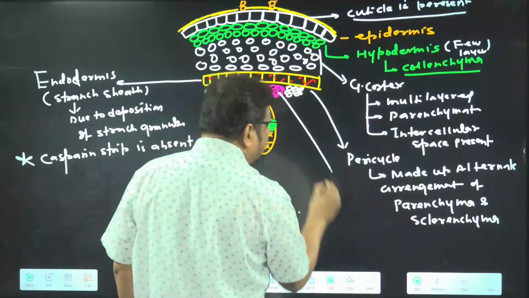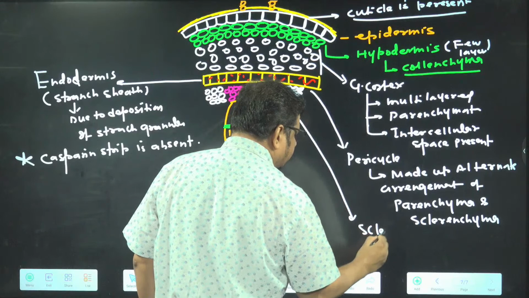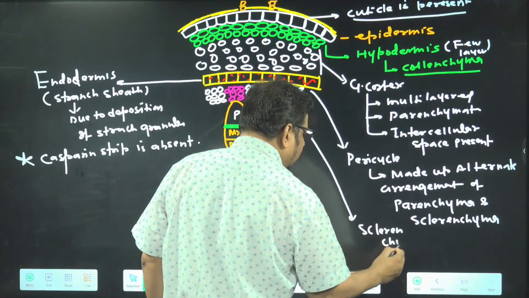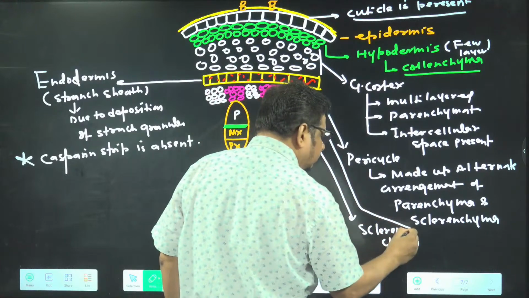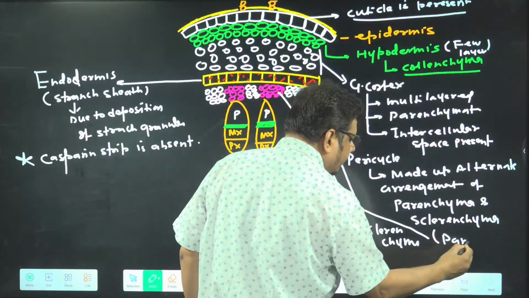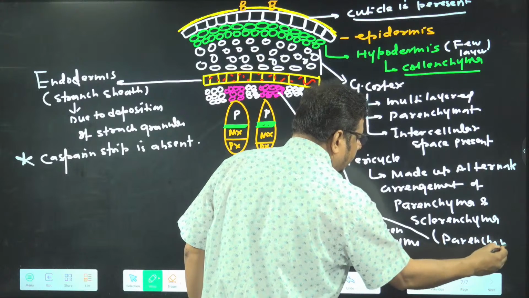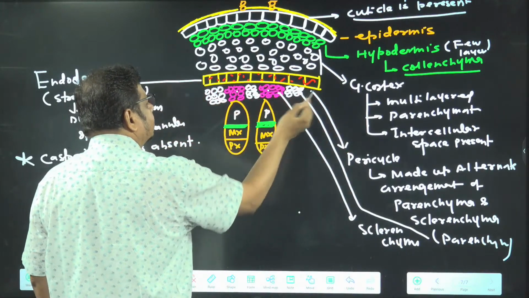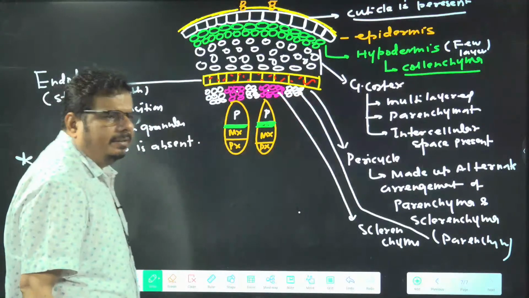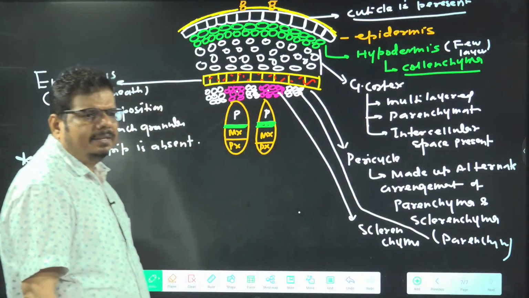The red one I am saying is sclerenchyma. And the white one I am saying is parenchyma. So paren, scleren, paren, scleren, paren, scleren. Like that. Getting the idea?